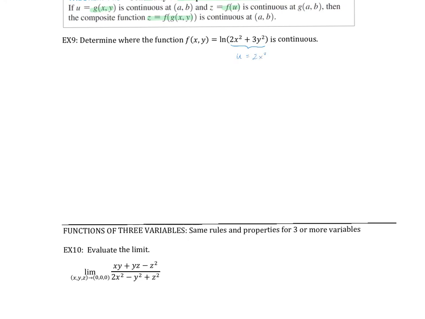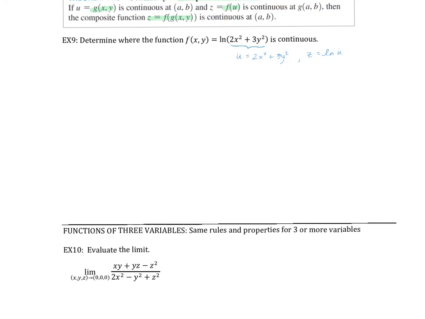So this is a composition of two functions, this u, and that means that my z, I'm going to call that the natural log of u. So I have a composition of functions. I'm calling z the outside piece, the natural log piece. I'm calling u the inside piece, the argument on the natural log.